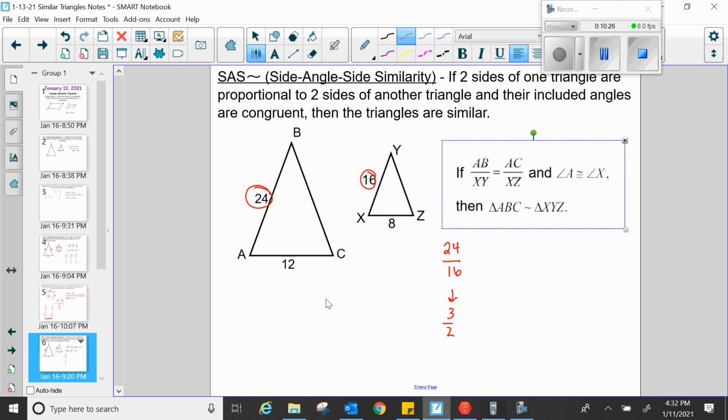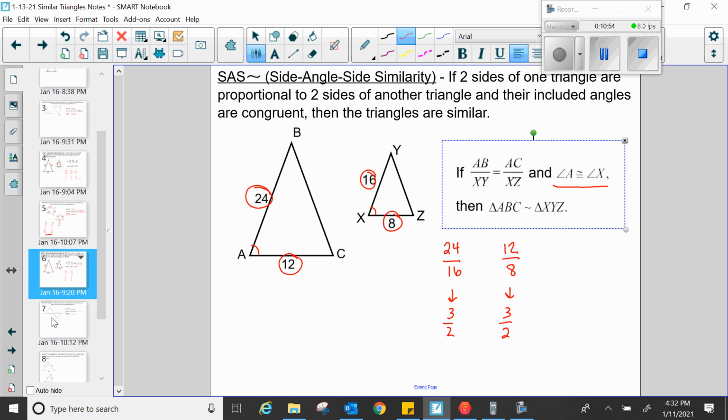And if you also match AC with XZ, that's 12 over 8, which also reduces to 3/2. And then this part right here is important. And you know that the included angle, angle A, is congruent to angle X. If this is your scenario where you have two sides proportional to two sides and the included angle is congruent, then these are similar triangles by side angle side similarity.